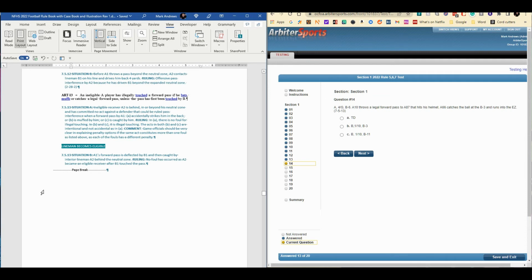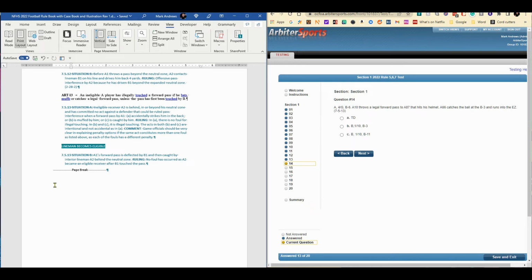Okay, question number 14. A 4th and goal at the B6. A10 throws a legal forward pass to A87 that hits his helmet. Now, A87 is an eligible receiver. Okay, A66, who is ineligible, catches the pass at the B3 and runs into the end zone.